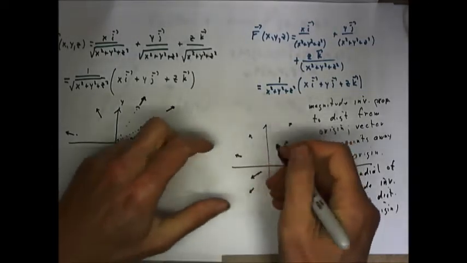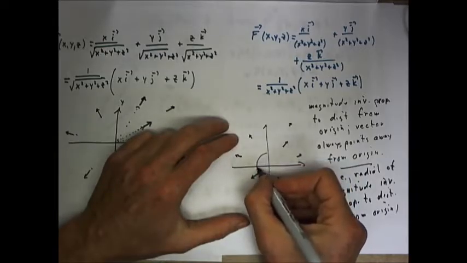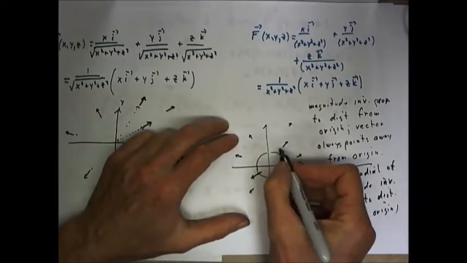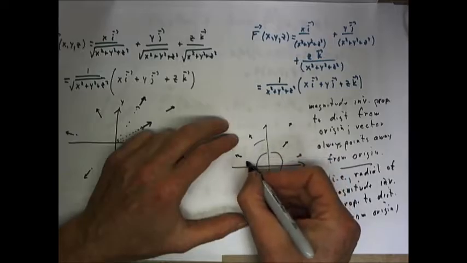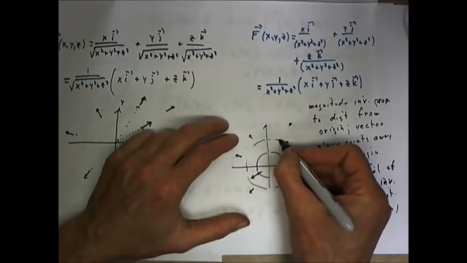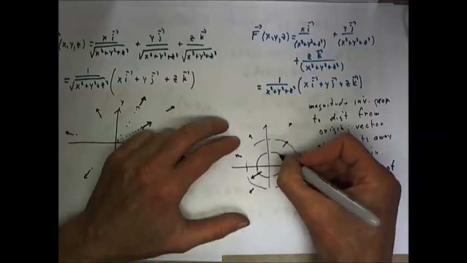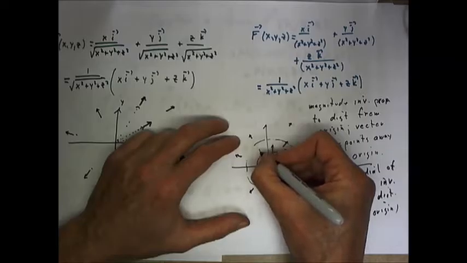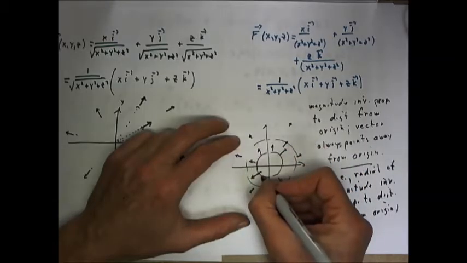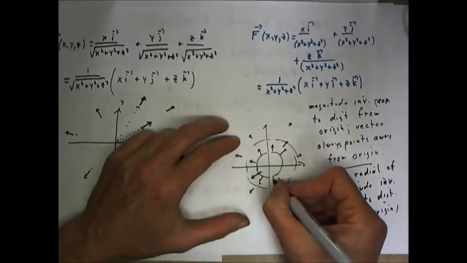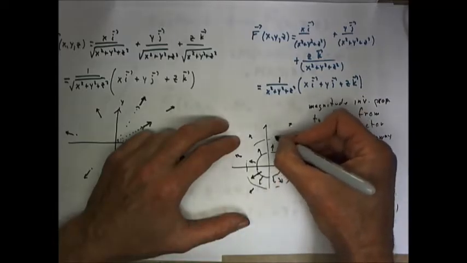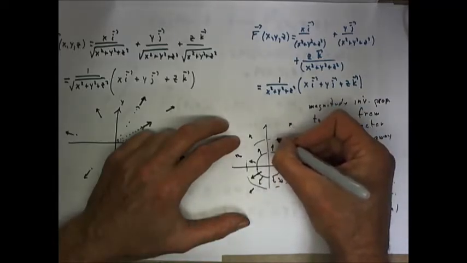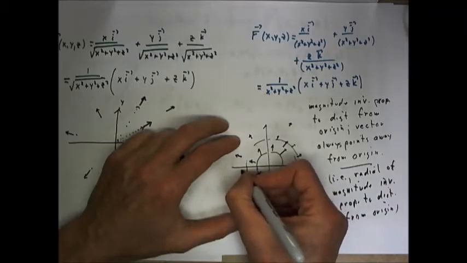And we could, if we wish, draw circles around the origin. Not a very good circle. But the vectors on this circle would be perpendicular to the circle, radial away from the origin, and larger than the vectors on this circle, which would also be directed perpendicular to the circle and away from the origin, but would be of smaller magnitude.